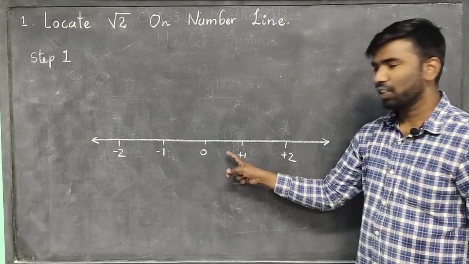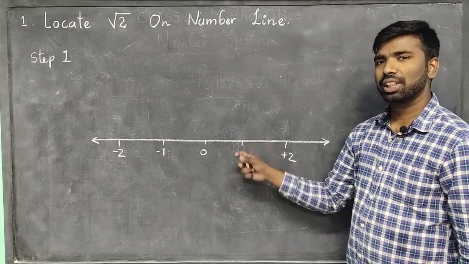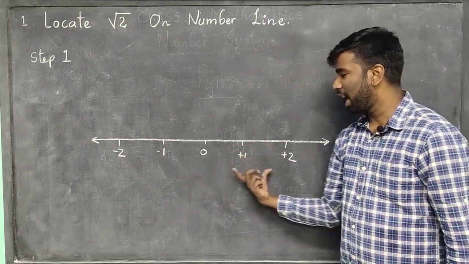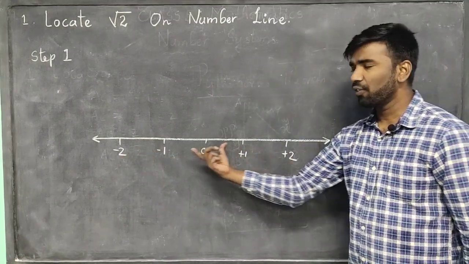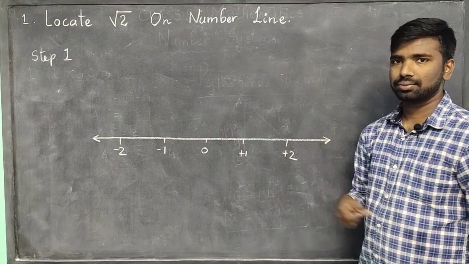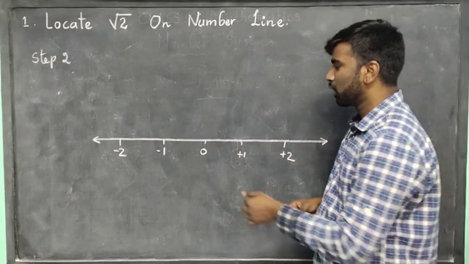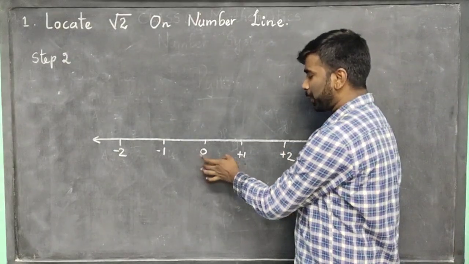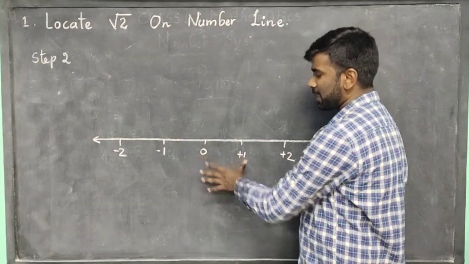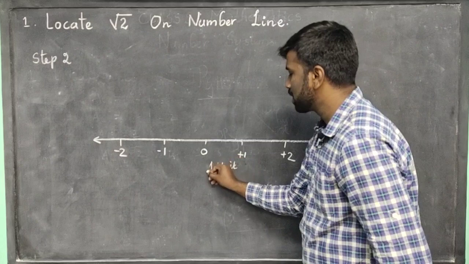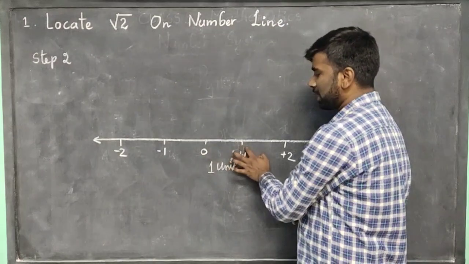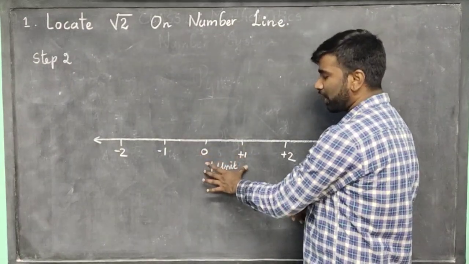It can be 1 centimeter, 2 centimeters or 3 centimeters, but it should have equal lengths. Now I'll consider 0 to plus 1 as 1 unit.